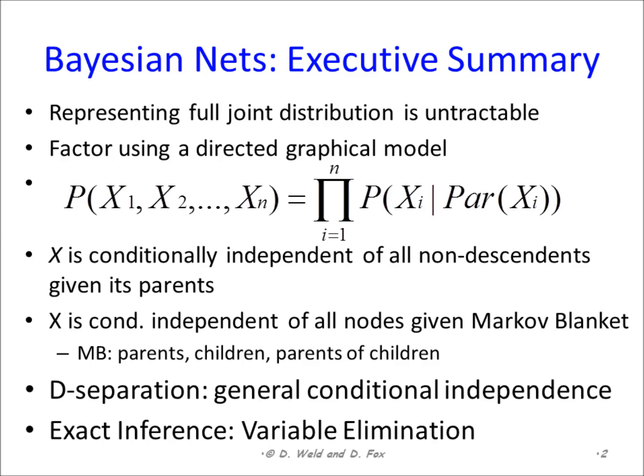Second, any graph structure would naturally encode some conditional independence assumptions, and we went through all of them. The easy ones were that every node is conditionally independent of all non-descendants given its parents. Every node is conditionally independent of all nodes given its Markov blanket, and Markov blanket is my children, my parents, and the other parents of my children.